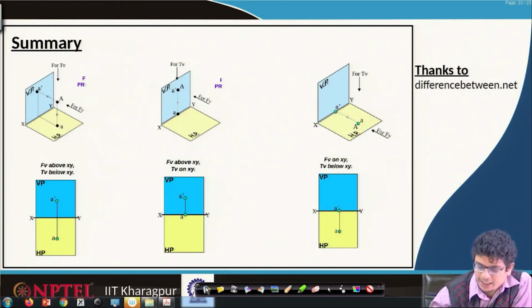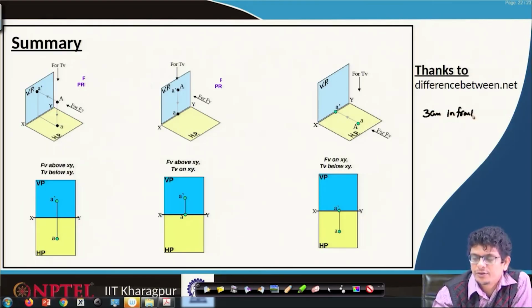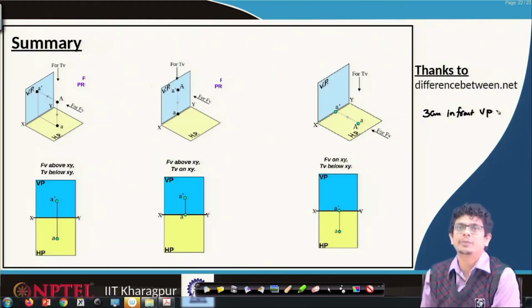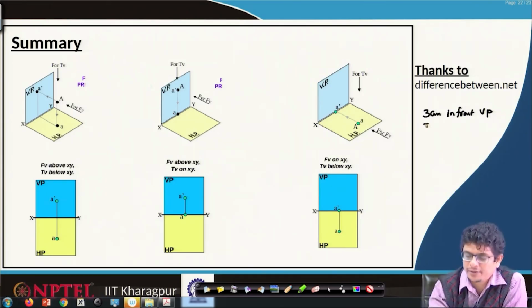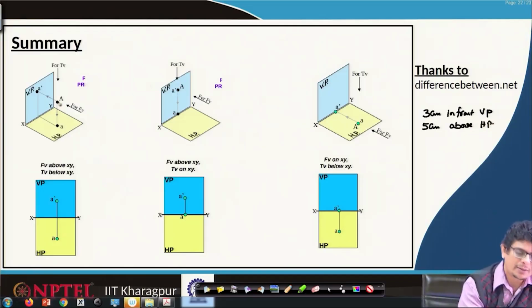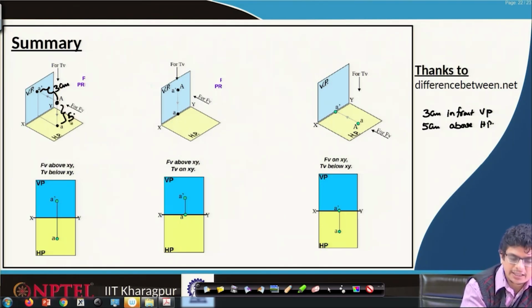For example, let us pick an example. Let us consider a point 3 centimeters in front of the vertical plane and 5 centimeters above the horizontal plane. That means it comes under this kind of category, 3 centimeters in this direction, 5 centimeters in this direction.